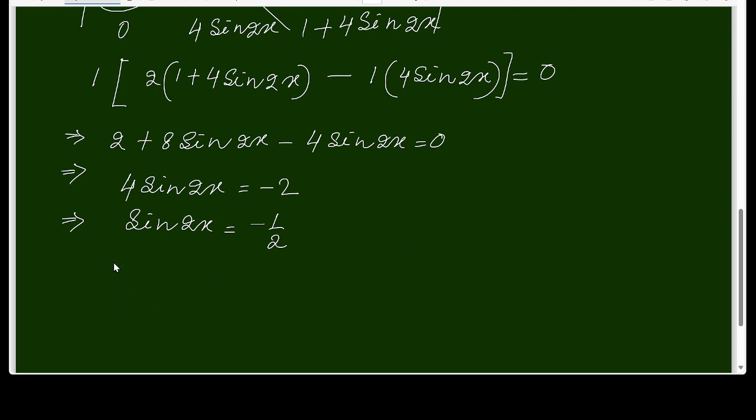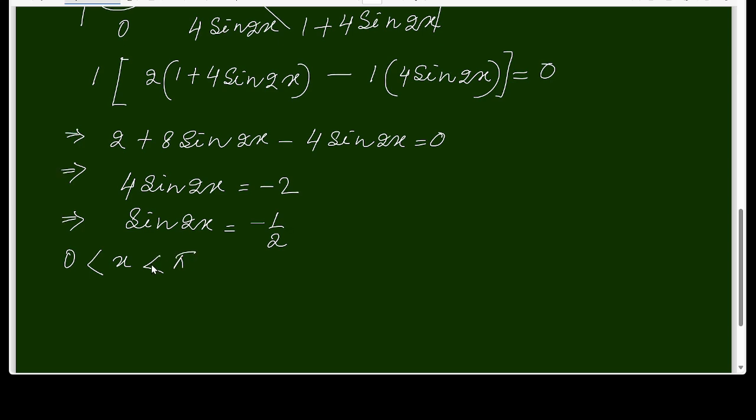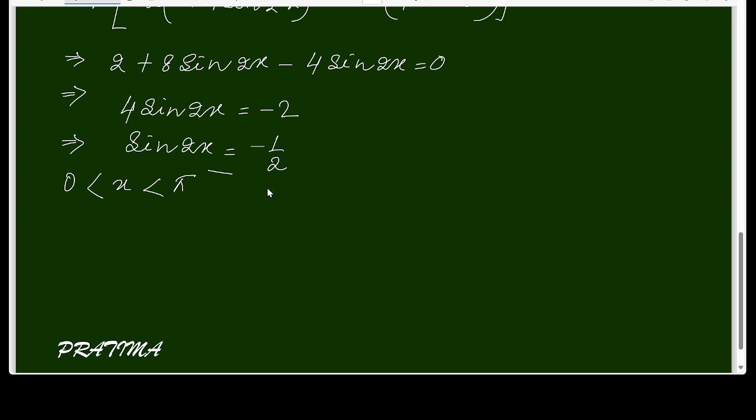Here it is given that x is greater than 0, less than pi, and you are getting negative half. That means 2x is in either third quadrant or fourth quadrant. So 2x equals to 7 pi by 6, pi plus pi by 6, that time it will be negative, and this will be 2 pi minus pi by 6.